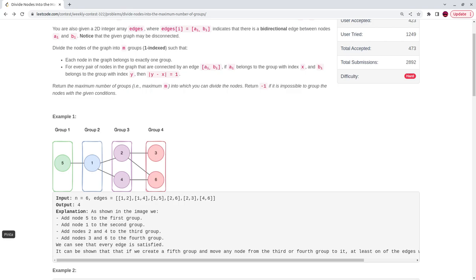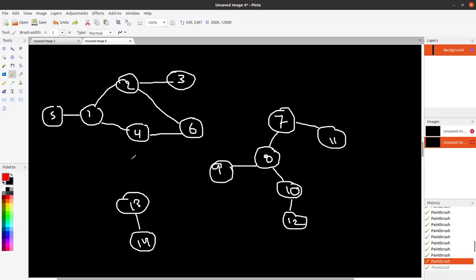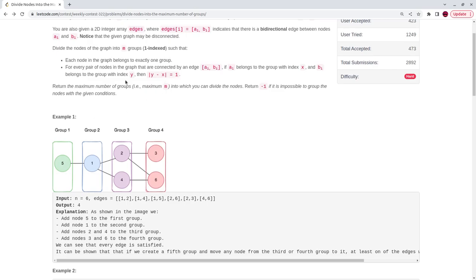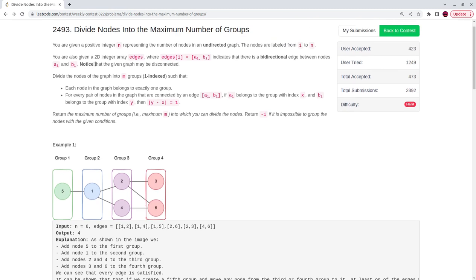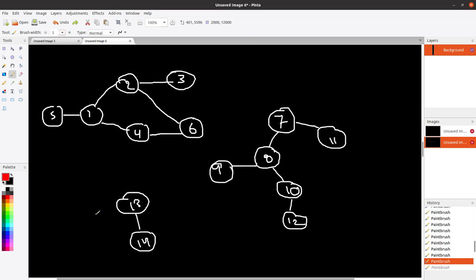So how can we solve this problem? Here is our graph, and remember that the graph can be disconnected, as mentioned in the question. First of all, we need to find all the sets in the graph.